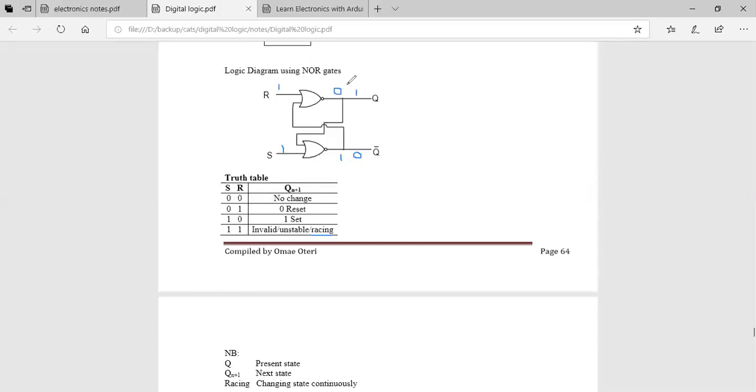So that leads to a situation where we'll be changing state from 0 to 1, 0 to 1 throughout, and that becomes what we call racing. It's also called an invalid state. It's also called an unstable state. So I'd forgotten to indicate that. It works the same for the clocked RS flip-flop.